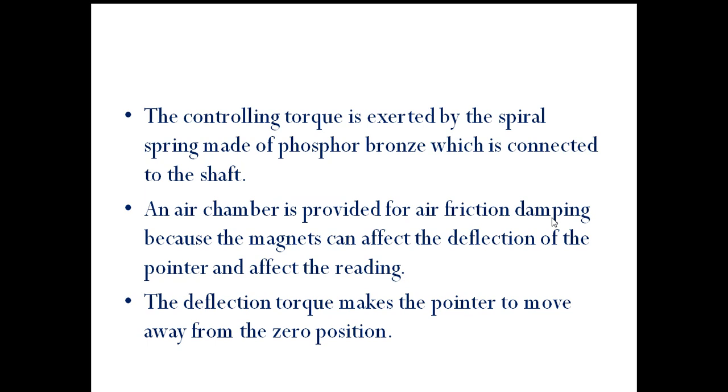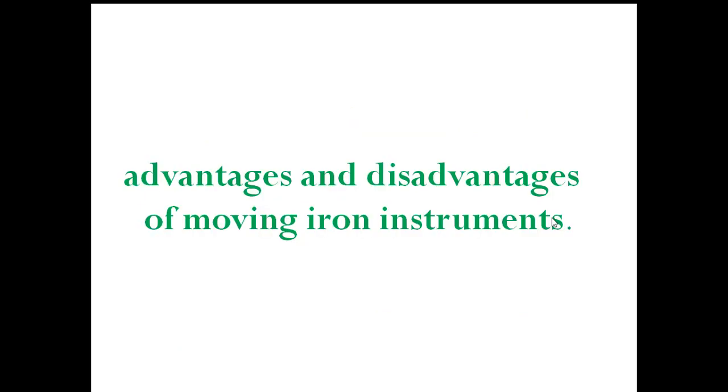We are not using eddy current damping, we are using air friction damping, because eddy current damping will affect the performance of the meter. Deflection torque makes the pointer move away from the zero position.